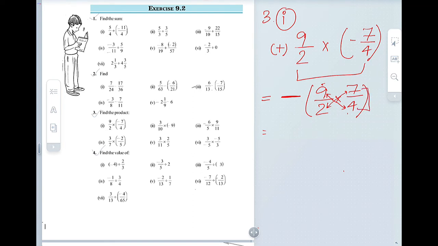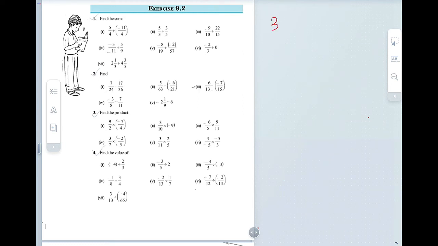For 7 and 4, means for the second denominator and second numerator, if you are getting any common factor, then these two can be reduced, and for this first numerator and first denominator, if you are getting any common factor, these two can also be reduced. If you are not getting any common factor, then only these numerators will be multiplied, 9 into 7, and these two denominators will be multiplied, 2 into 4. At last you are getting minus 63 by 8. So, this will be the answer for the first question.